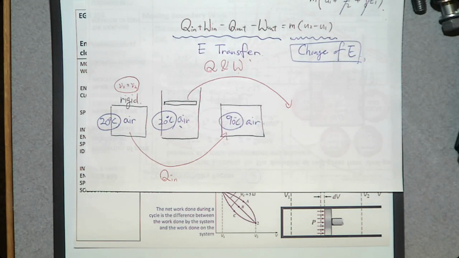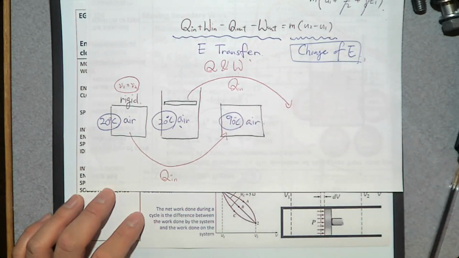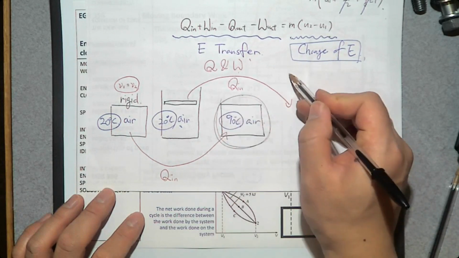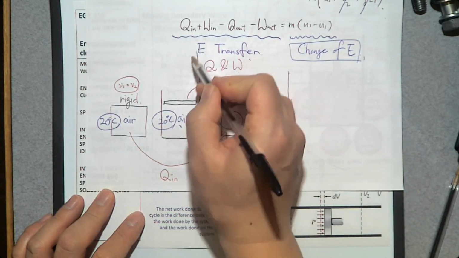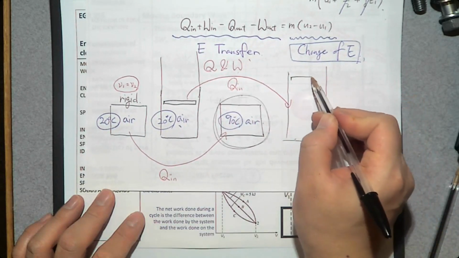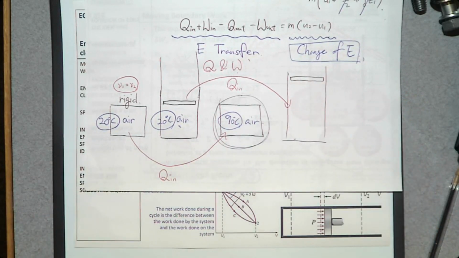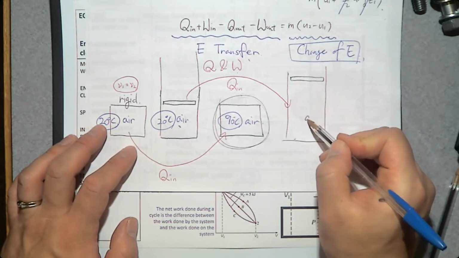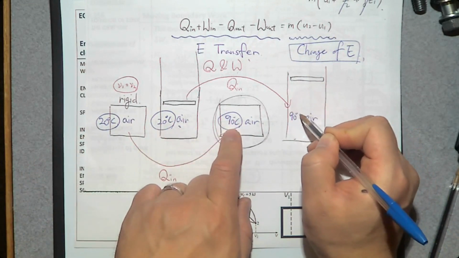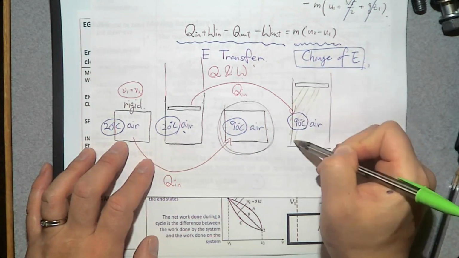Now we are going to heat the system by providing this Q in. So this is the air in the rigid container. And if you heat this piston cylinder device, there is an expansion. If you heat air, the air expands, right? The final temperature is 90 degrees Celsius, the same as this one, but it occupies this much volume.